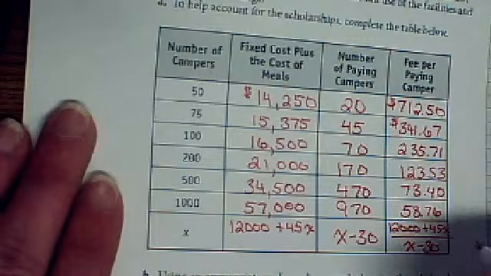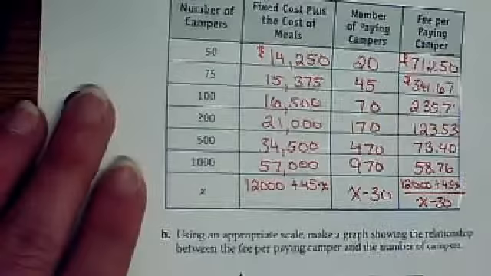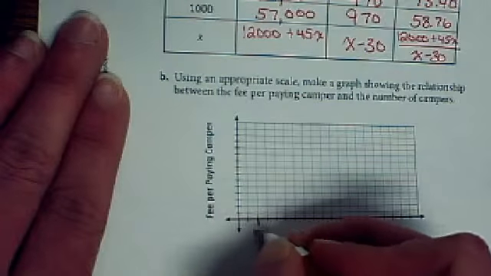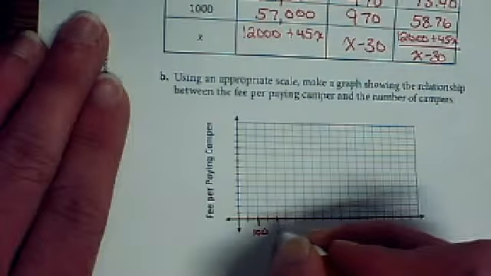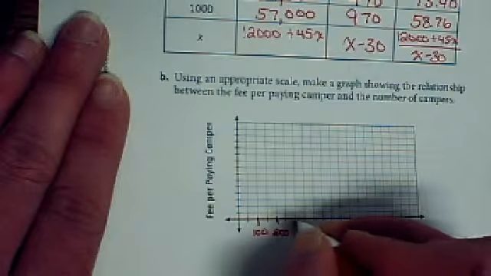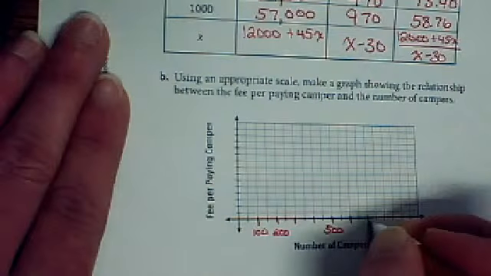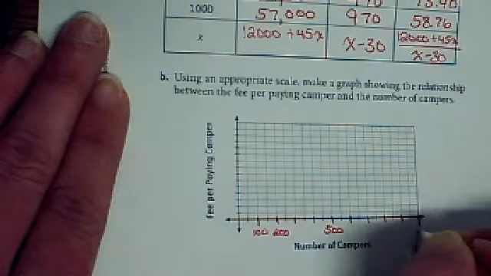Let's see what happens to our graph. So I'm going to do the same scale we did on the last one. This would be 100, 200, 3, 4, 500, 6, 7, 8, 9, and then this was 1,000.